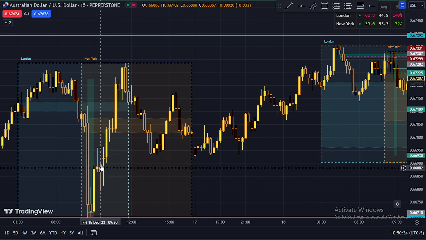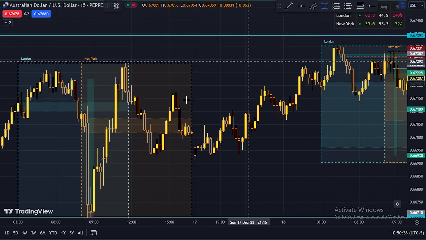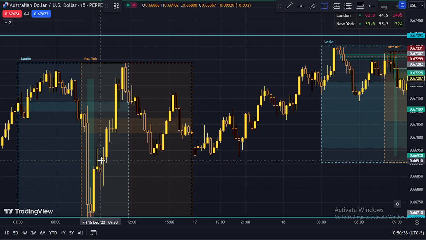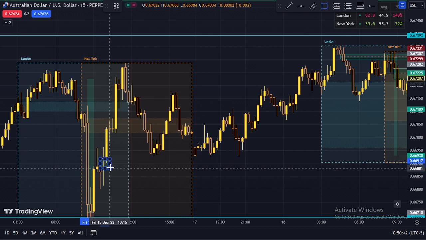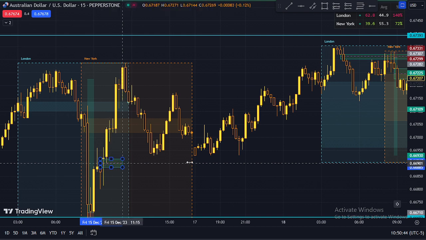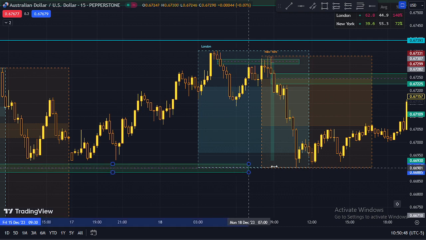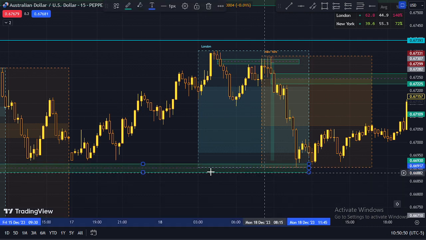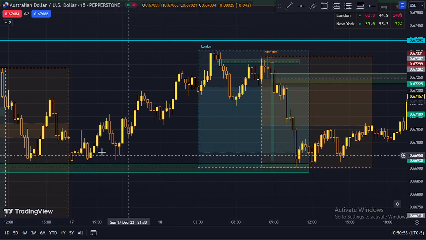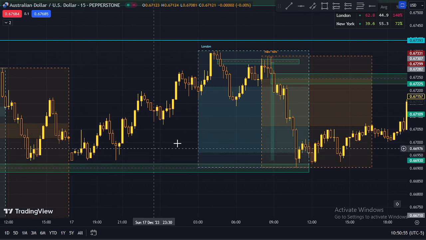That was a volume imbalance. So we could mark that as something like this, then extend it through. So that will be a draw on liquidity after taking out the sell side.